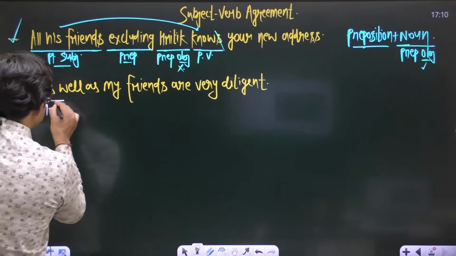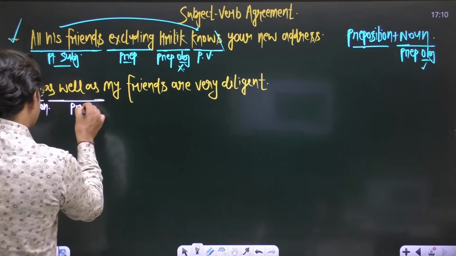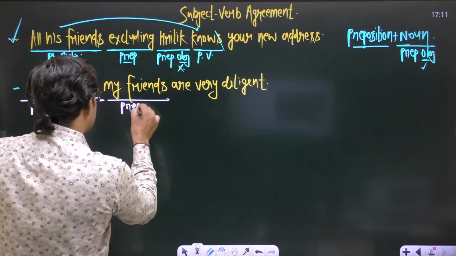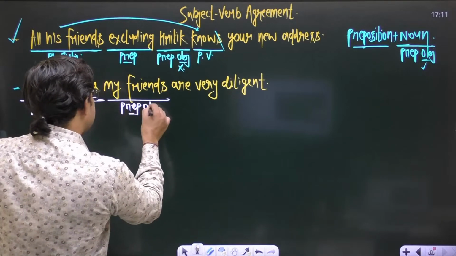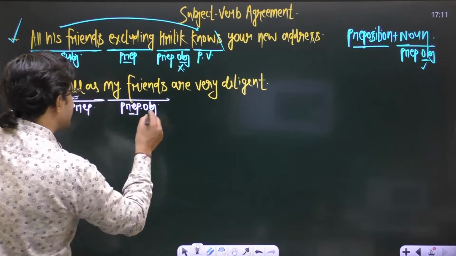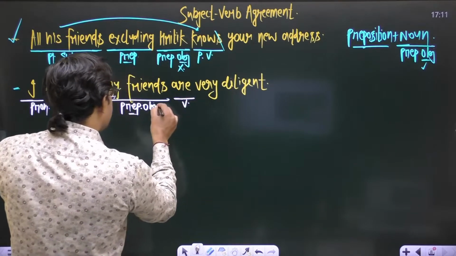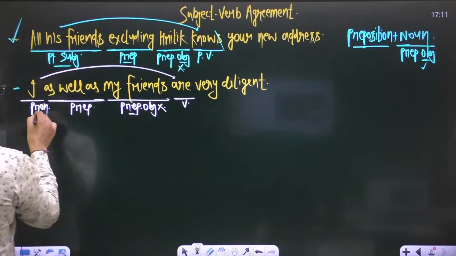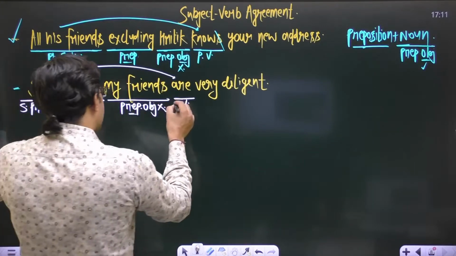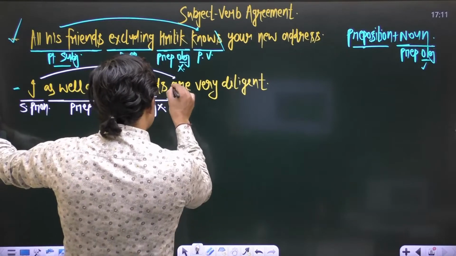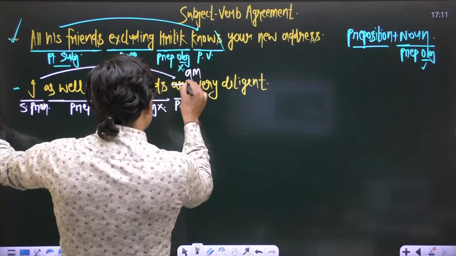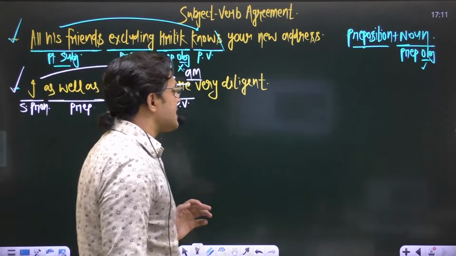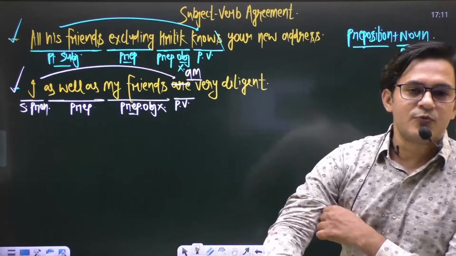And this as well as is a preposition, and this one is a noun. Make sure that after a preposition the noun which we get is always considered the prepositional object. This one is the verb. Verb is never used according to the object, we use the verb according to the subject. I is a singular subject, and with I we always use a verb, what? Am. We use am with I, so the sentence will be: I as well as my friends am very diligent.